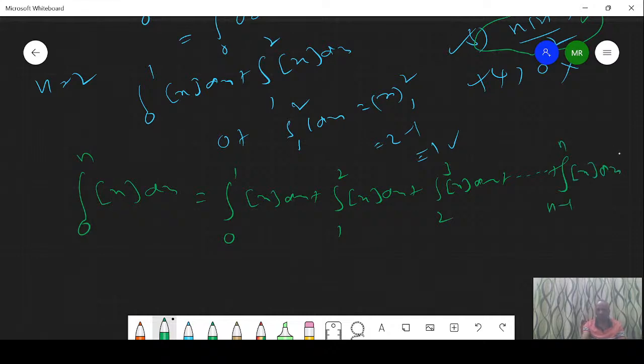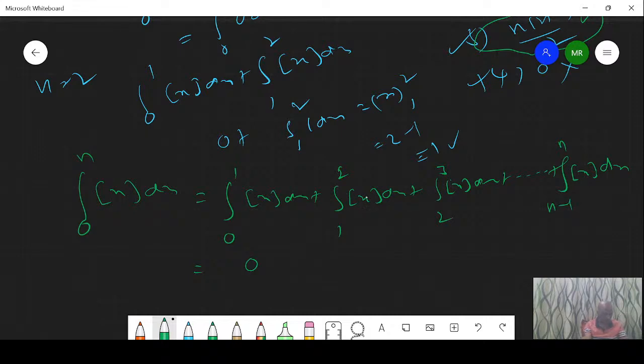Understood? That is the general method. Without considering specific n values, you take 0 to 1, 1 to 2, 2 to 3, because whatever the n number is, the last is n minus 1 to n. Now we know clearly that on 0 to 1 step x is 0. But between 1 and 2, this will be 1. Correct?